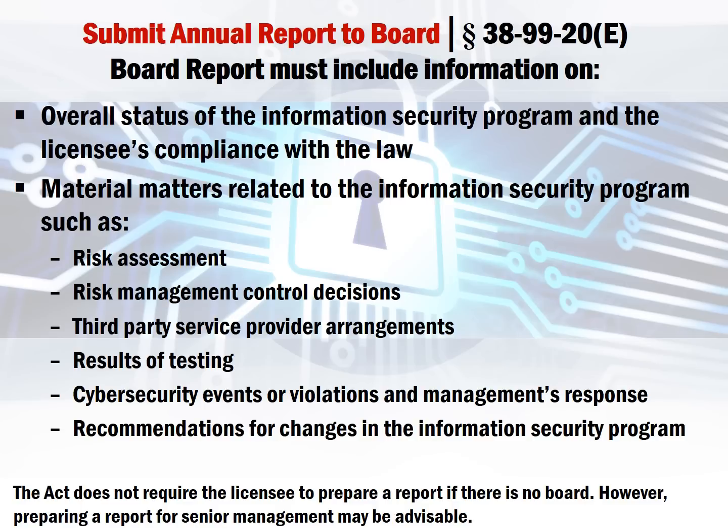Now I want to point out the code section here, that's 38-99-20. And remember, if you qualify for an exemption, this subsection 99-20 does not apply to you. So if you have an exemption, you do not have to submit this annual report to your board, although of course it would still be advisable to do so.